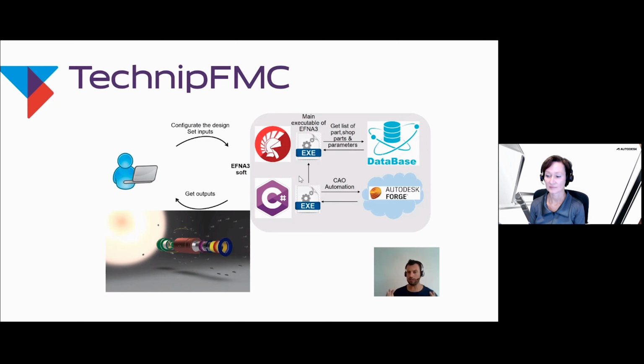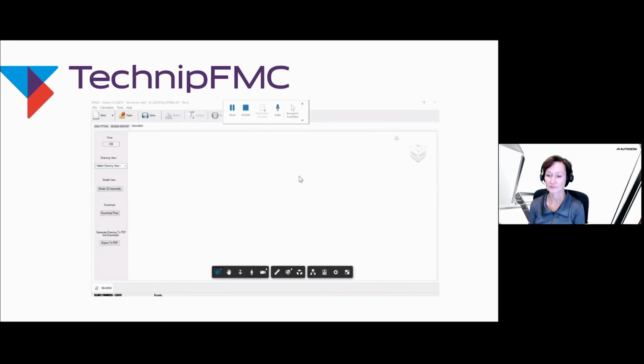All this information of list part, part shop, and parameters, we send to the cloud by another executable in C# language. After this information is sent to the cloud, the automation is done in the cloud, and after that we get all the CAD output, and we send it to the user.